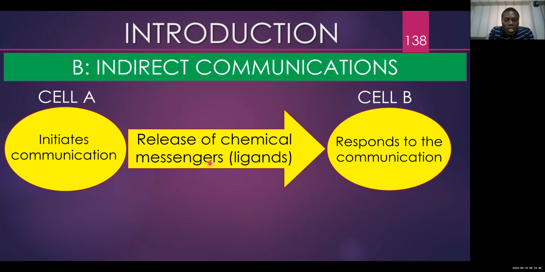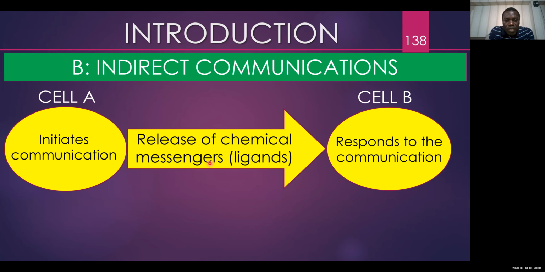For indirect communications, communication is made possible by release of chemical messengers. The cell that initiates communication releases chemical messengers. Those are the chemicals that will move to the cell that responds to that communication.